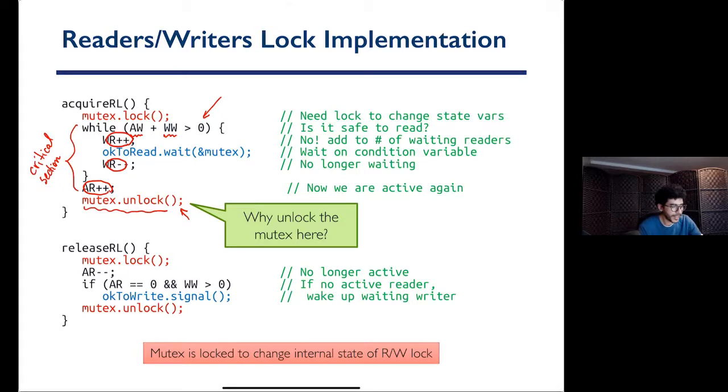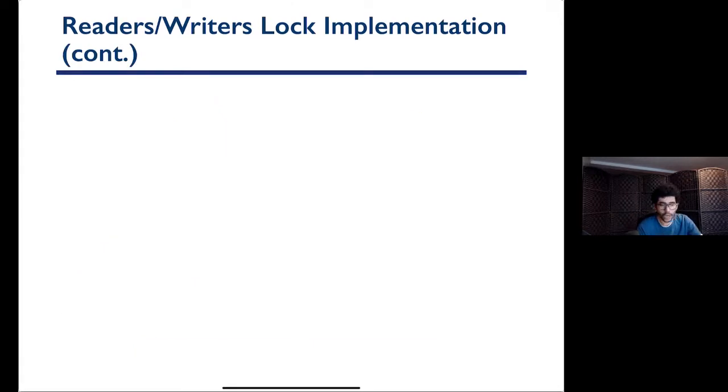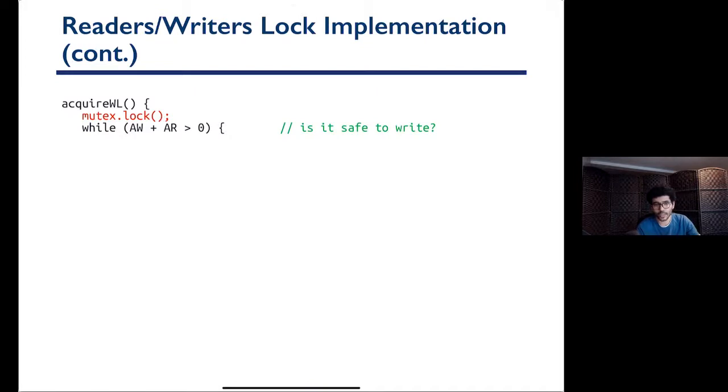Now let's look at acquiring the lock as a writer. Again, we acquire the mutex first. We check to see if there are any other active writers or active readers. If there are other threads that are writing, at least one of them, or there are readers that are reading, then I should not continue. I should wait.